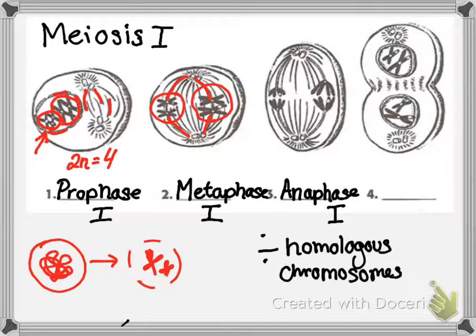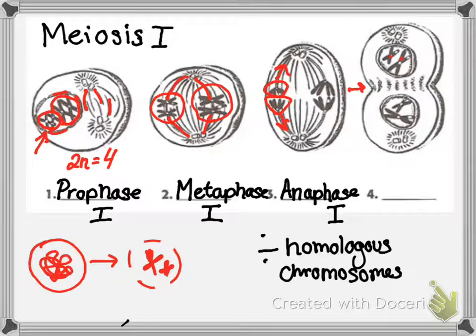What you can see is these homologous chromosomes are getting pulled to opposite sides of the cell. So that in the end, when we end up in telophase, you can see the cells that result have a large chromosome and a small chromosome. We no longer have a pair. There's not 2 large ones and 2 small ones. We have 1 of each. So we have divided those homologous pairs.